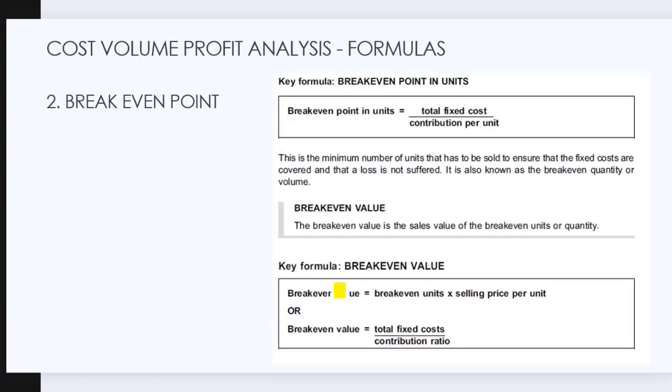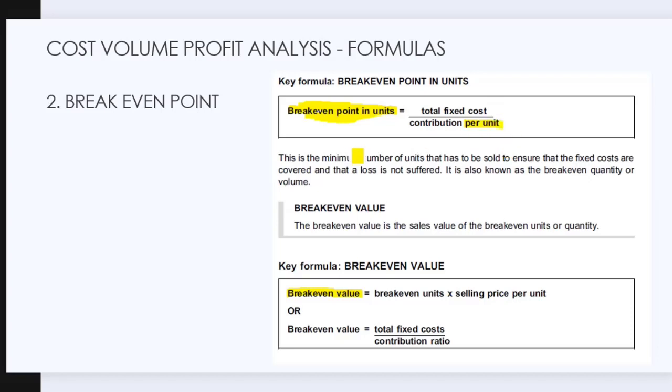You calculate break even. There's two methods also to note. There's break even in units, and there's break even in value. How do you calculate it? You say total fixed cost over contribution per unit.